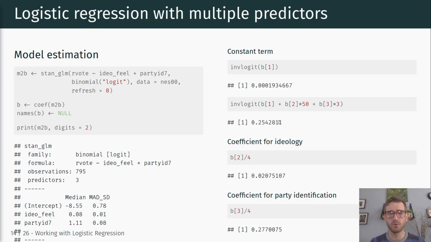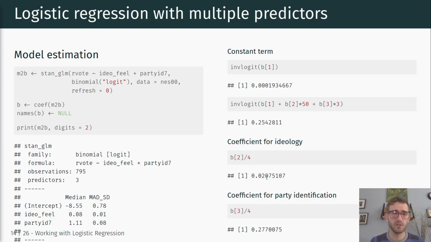The divide by 4 rule, as I mentioned, all we have to do is divide the coefficient by 4, and this gives us an approximation of the largest change in probability for a 1 unit change in that predictor, okay? So if we divide our coefficient for ideology by 4, we get 0.02. That means basically at the point on the logistic line where the change in probability is maximized, right?